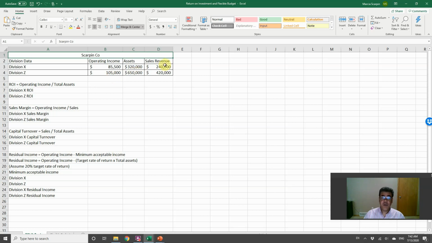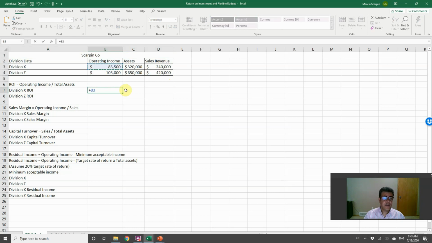And revenue, 240 for Division X, 420 for Division Z. So our return on investment is operating income divided by total assets. So for Division X, 26.7%, for Division Z, 16.2%. Wow! Division X is much more profitable than Division Z.